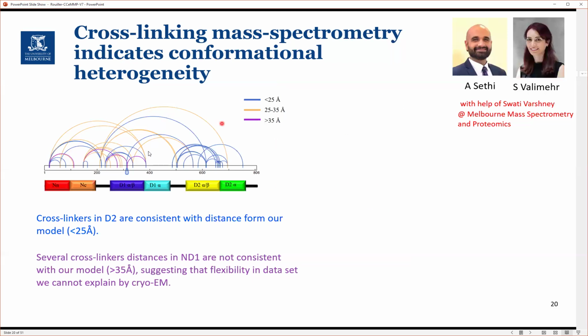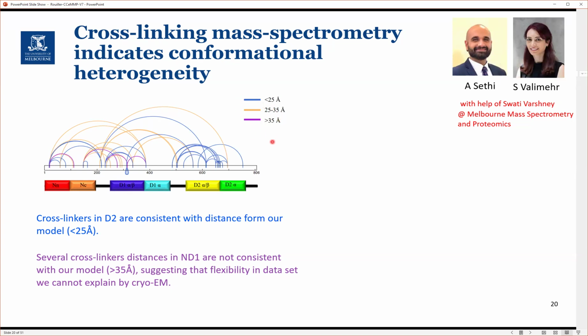And so using this method, Ashish and ZPD showed that some of the crosslinks were easily explained based on the structure, as the residues were within 25 angstrom of one another in the 3D structure.